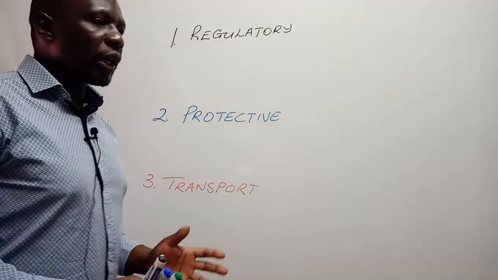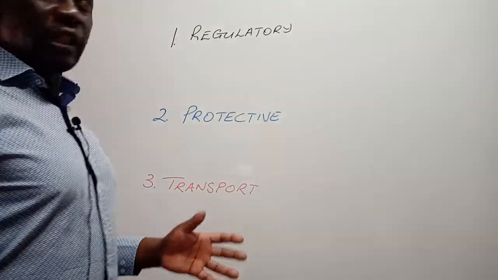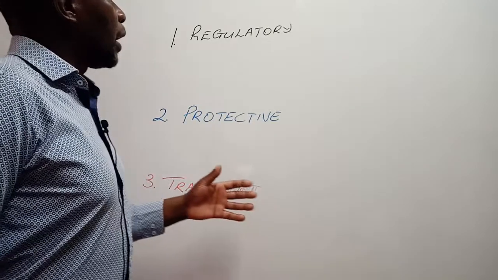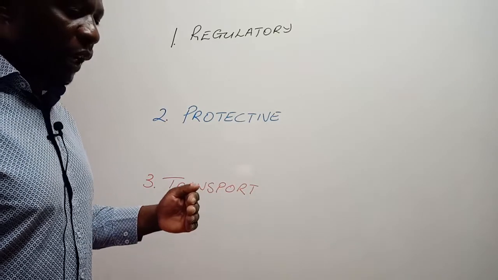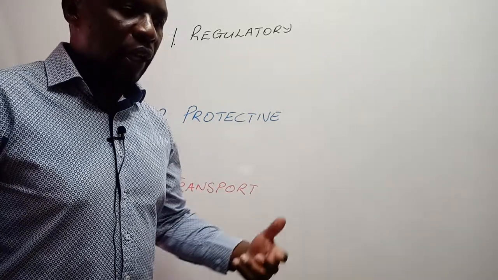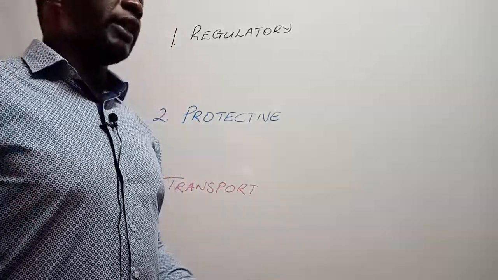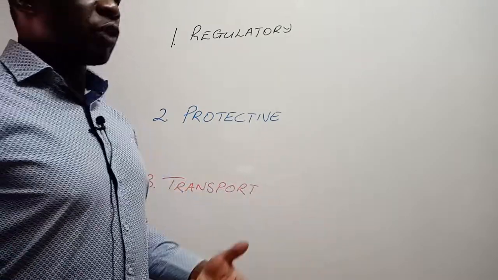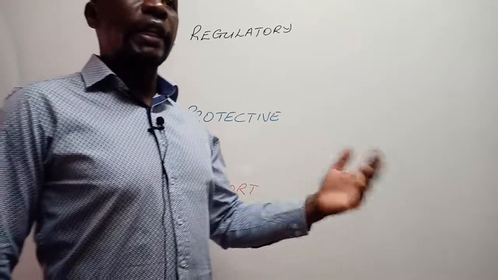Remember when we were talking about the plant transport system, we identified the main component of the system as water. And it is water which would carry dissolved minerals from the soil, absorbed by the root hairs, to the areas where the minerals are needed.